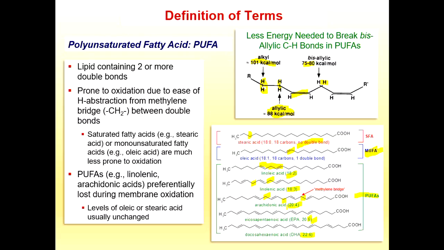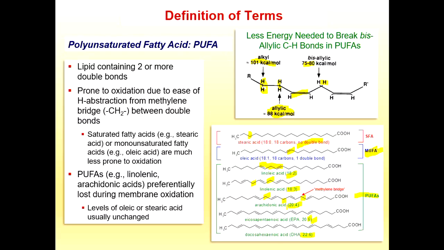So the upshot of this is that when you take an animal and you subject them to free radical exposure, a classic example being a compound called carbon tetrachloride, which we'll talk about in a minute, it causes strong lipid peroxidation in the liver.